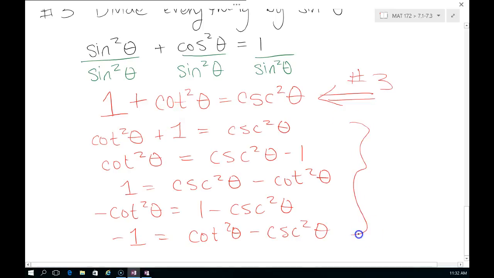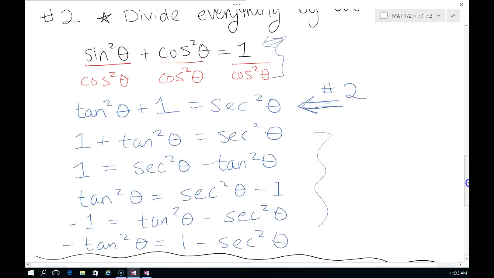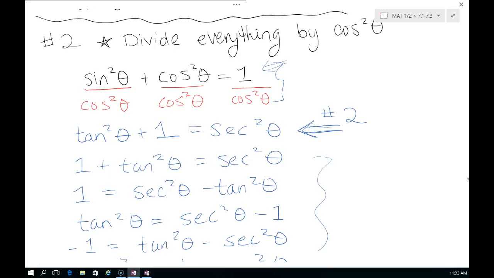So those are just all kind of algebraic variations. This one is the most basic, and we got it just by going back to the original and dividing through by sine squared. So there is a Pythagorean identity that involves each of our 6 trig functions. The most basic involves sine and cosine. If we divide through by cosine squared, we get one that involves tangent and secant.